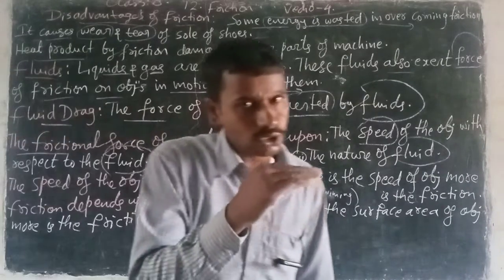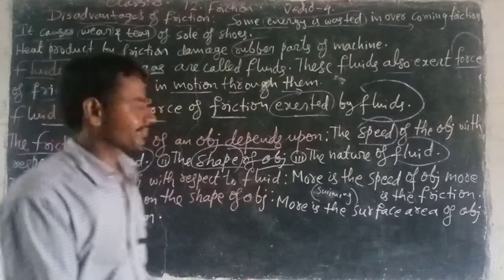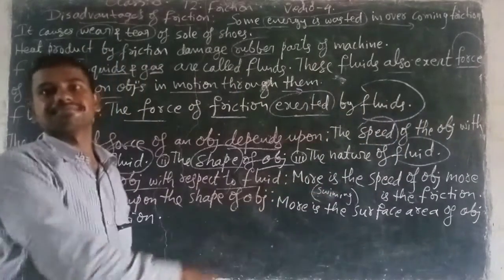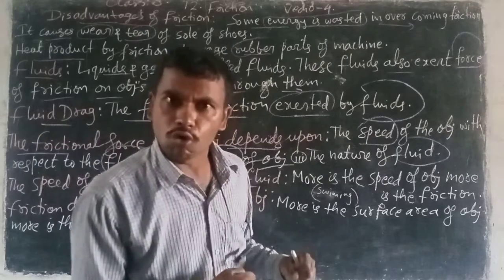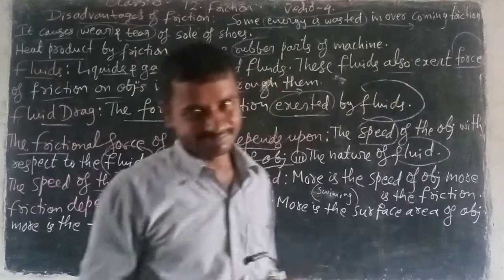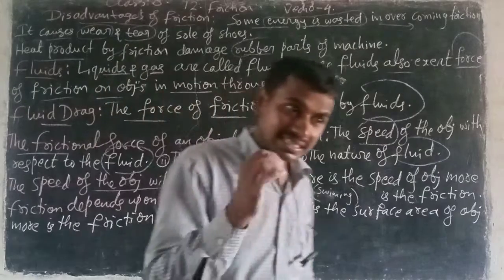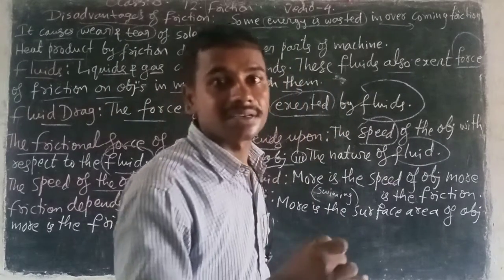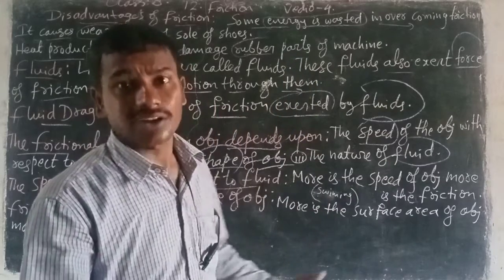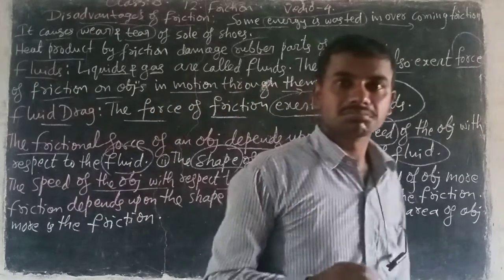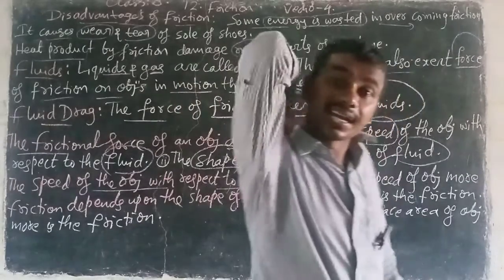A bus can move at 10 kilometers per hour in water, but the same bus can go at 100 kilometers per hour in air.